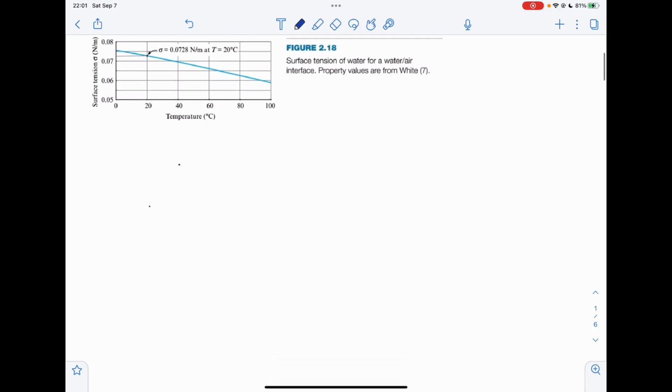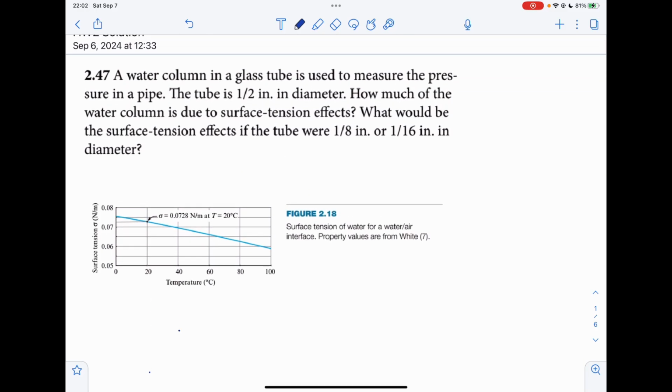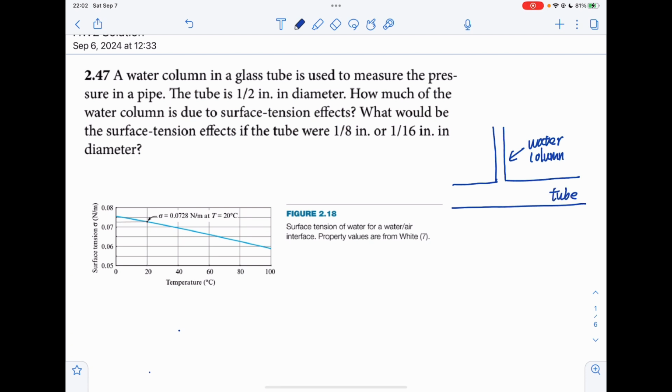So this problem is actually asking, if we have a pipe here and it's connecting to a water column, a tube here, and the water is coming this way because of the water velocity in the tube.